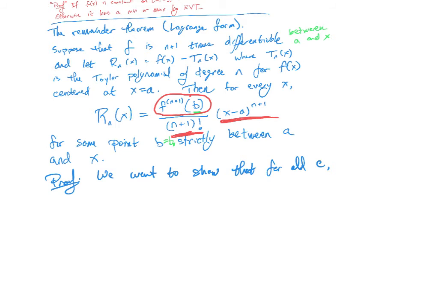And we don't have that this n plus 1 is bounded because we don't know that it's continuous. We don't know that the n plus first derivative is continuous. Yes, that's correct. We don't know that.